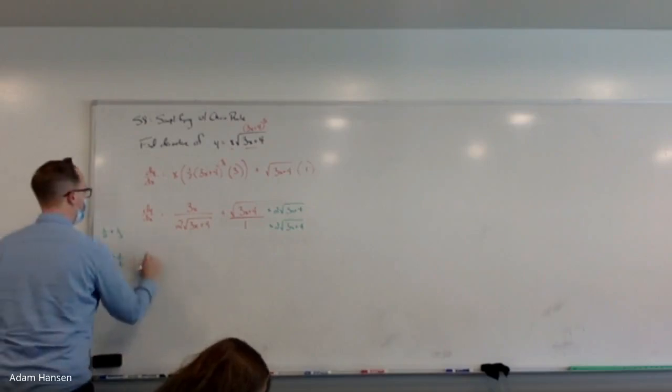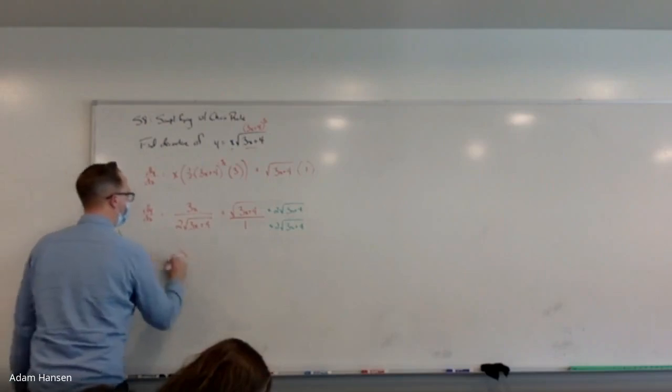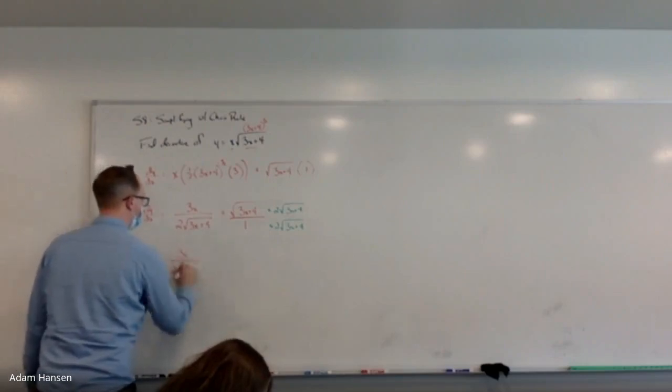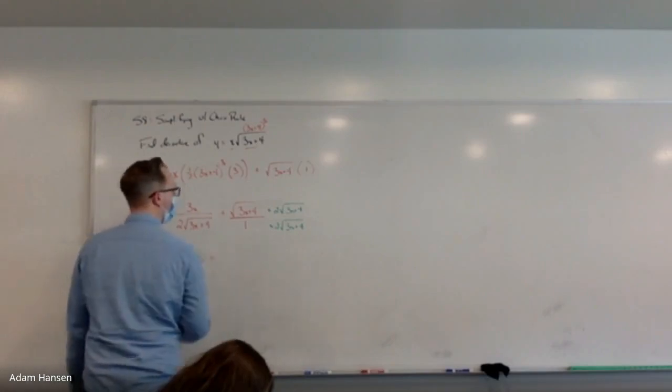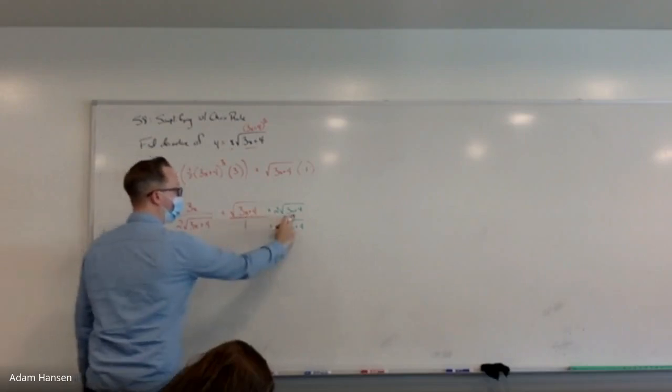So dy dx equals 3x over 2 square root 3x plus 4 plus, what's square root of 3x plus 4 times square root of 3x plus 4? 3x plus 4. It just cancels out.